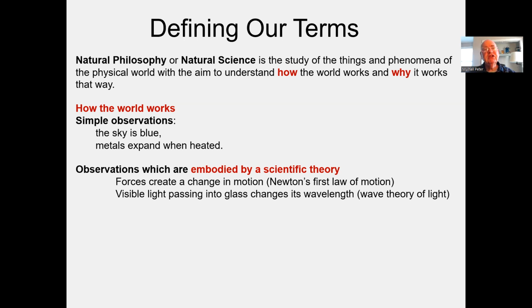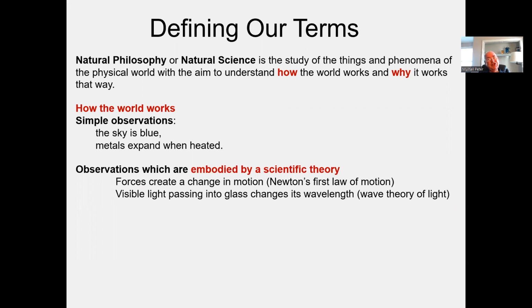All of these statements make no sense unless you understand the wave theory of light. And that's simply my point. You have to understand the theory that it's embodied in when you talk about more sophisticated observations, although they are at base simply observations of a certain sort, because that change in speed will actually create a change in direction, and then we have the refraction of light.